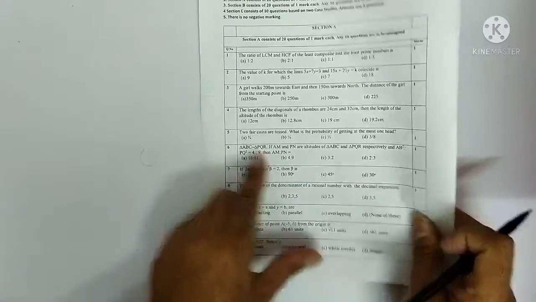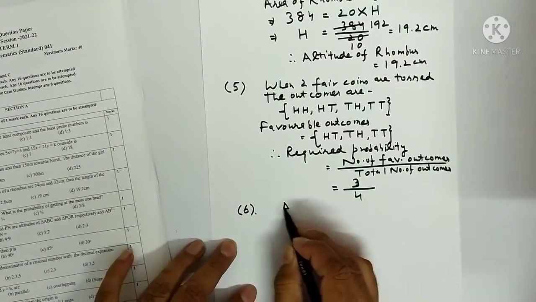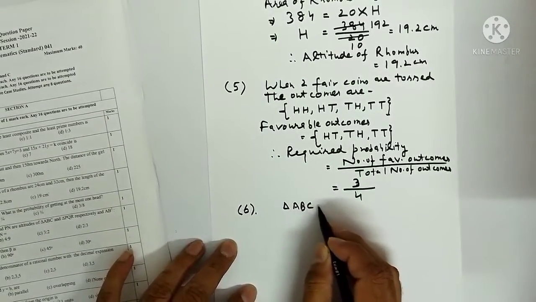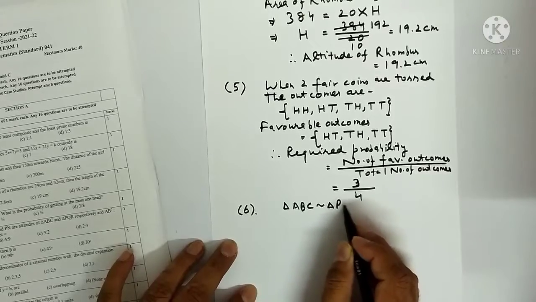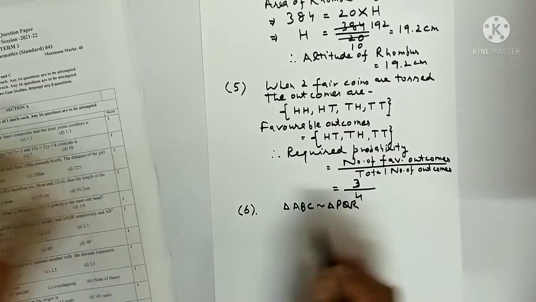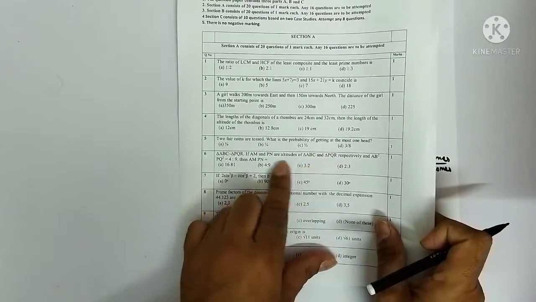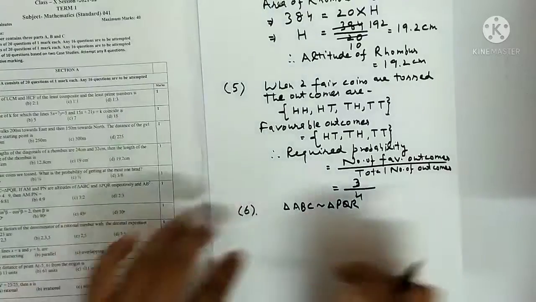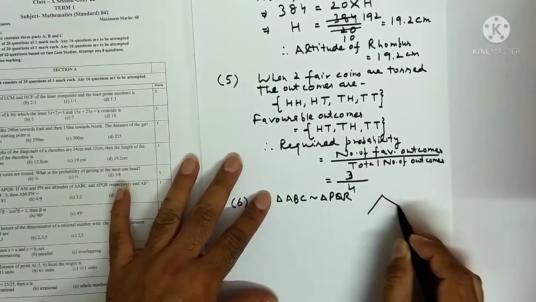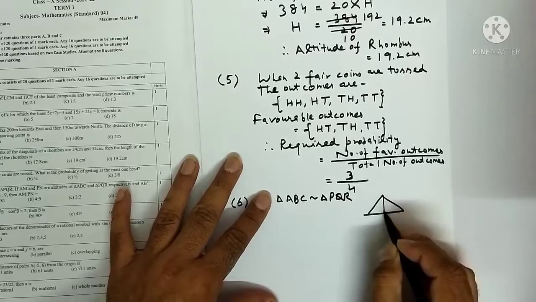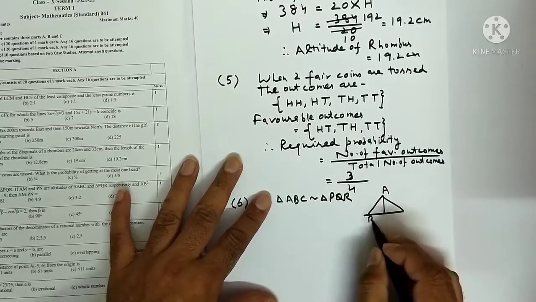Triangle ABC is similar to triangle PQR. If AM and PN are the altitudes of triangle ABC, AM is the altitude of which triangle? ABC's. See this, I have drawn triangle ABC.